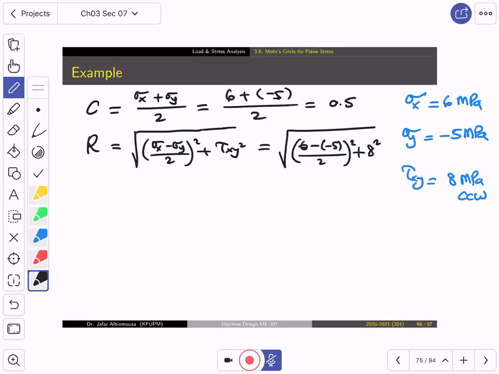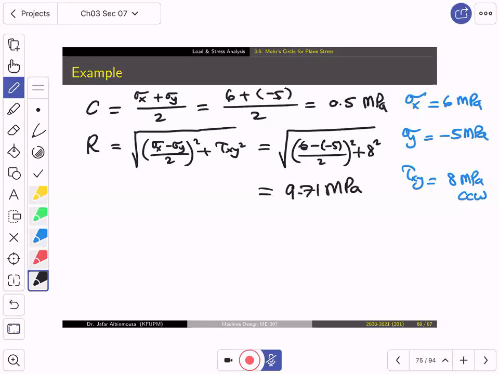Good? Good, guys. So this is going to give you, of course, for your information, guys, any value in the Mohr circle is stress. So this one is 0.5 megapascal and this one is 9.71 megapascal.